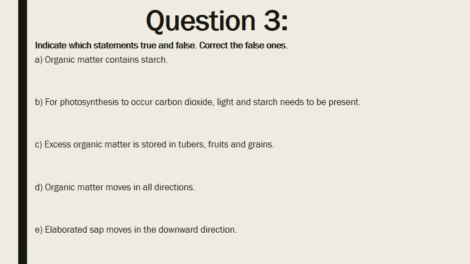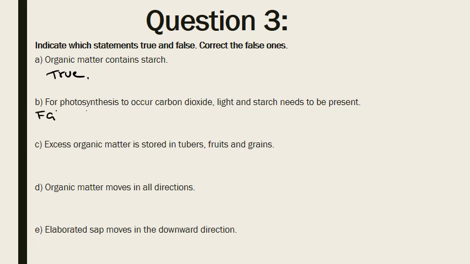Question 3, statements true or false, correct the false ones. Organic matter contains starch, this is true. For photosynthesis to occur, carbon dioxide, light and starch need to be present. This is false.